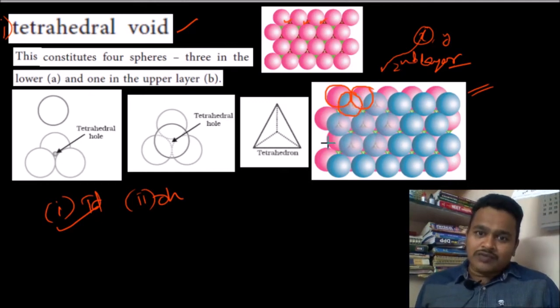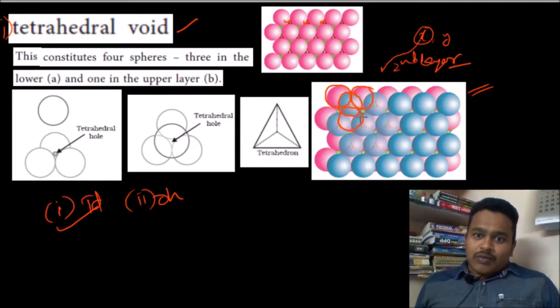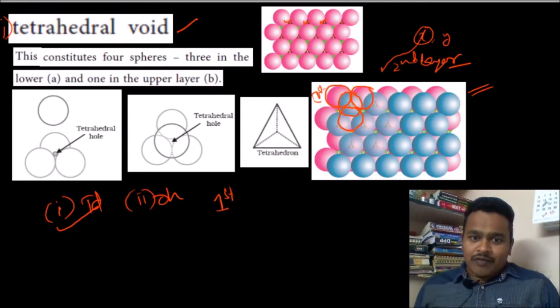And one more blue, one more pink color. Pink means first layer spheres. These are all first layer. The second layer we are going to show with the blue color.